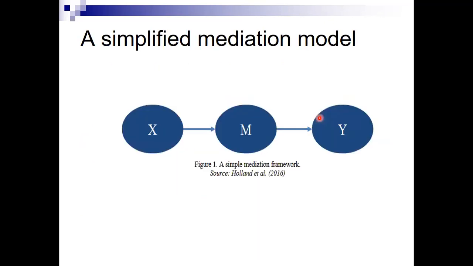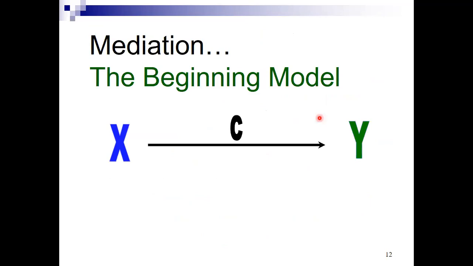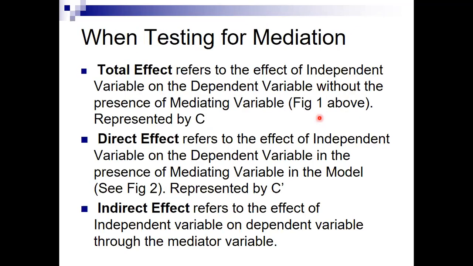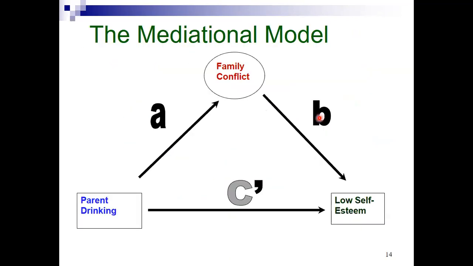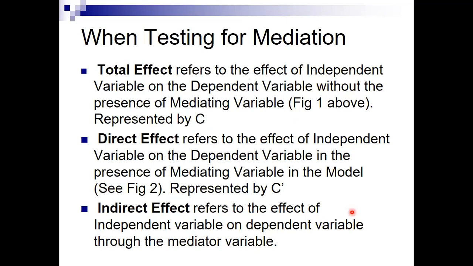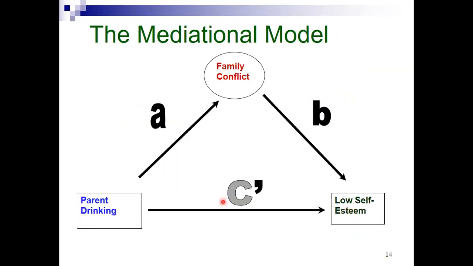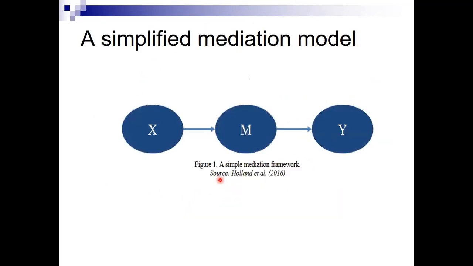That is the C. The second one, the direct effect, refers to the effect of the independent variable on the dependent variable in the presence of the mediating variable in the model. That is C complement, which is this one here. And indirect effect refers to the A-B connection.